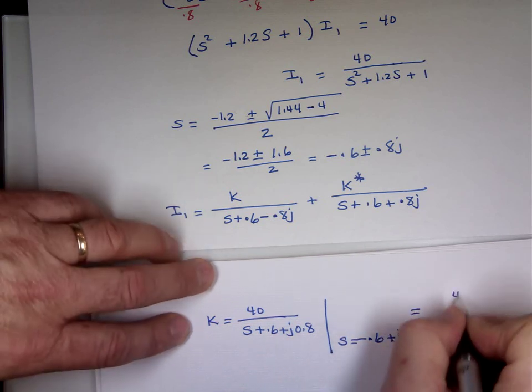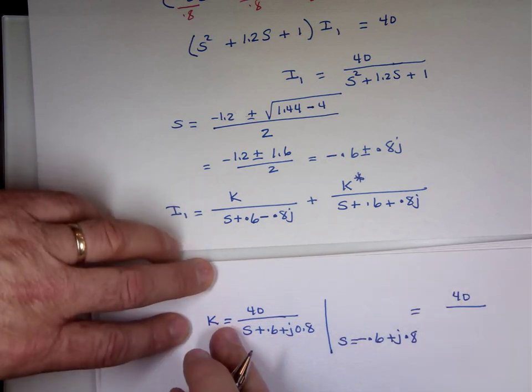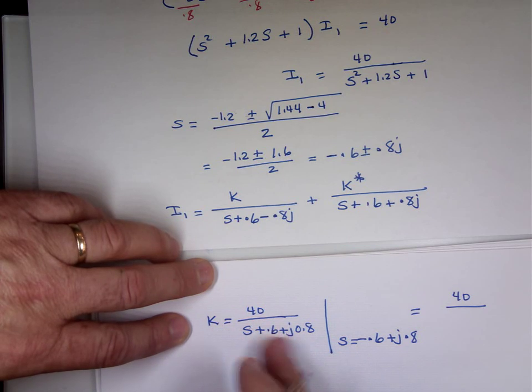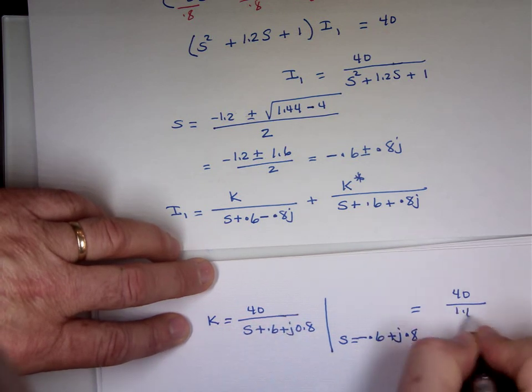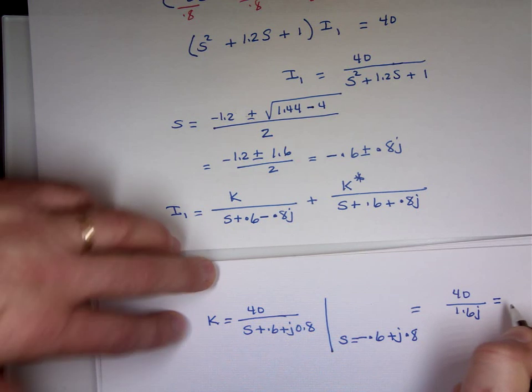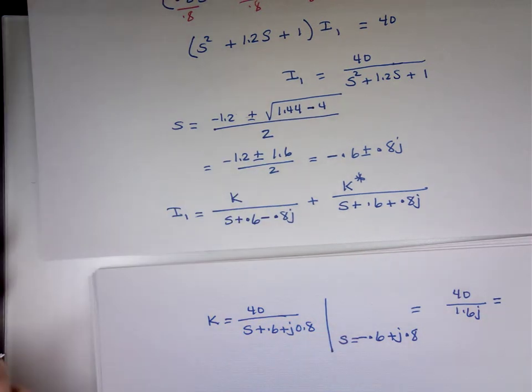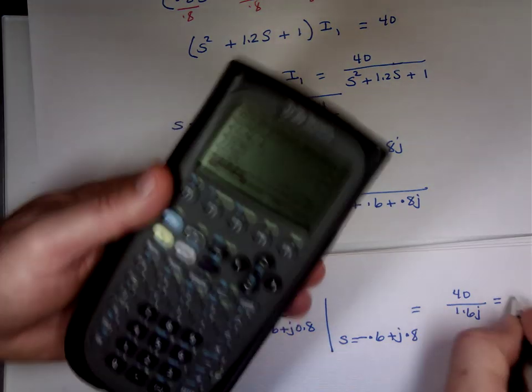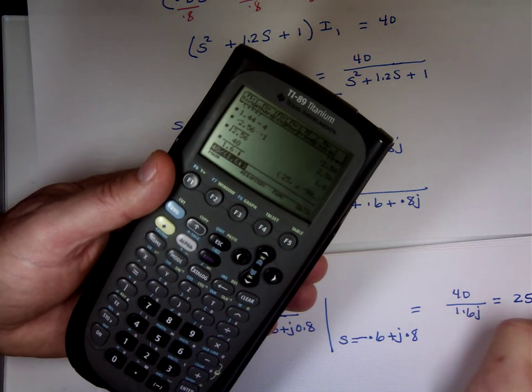So the 0.6 will cancel, leaving 1.6j. That's it. 40 divided by 1.6j. That's 25 angle negative 90. Is that what you got there? Alright.